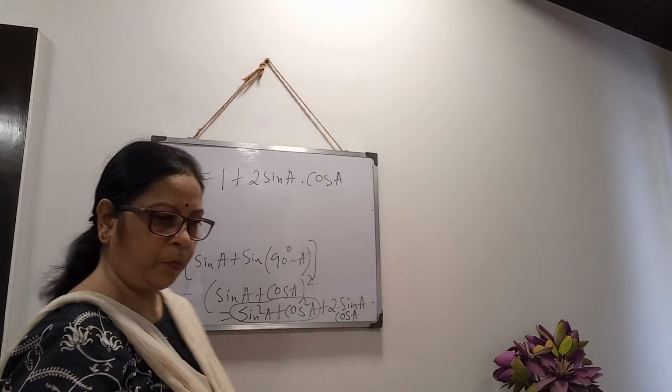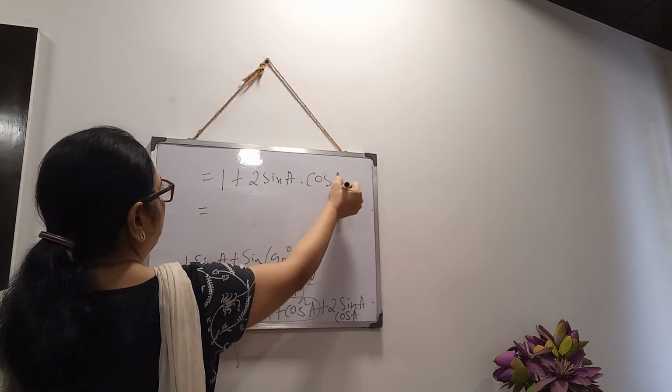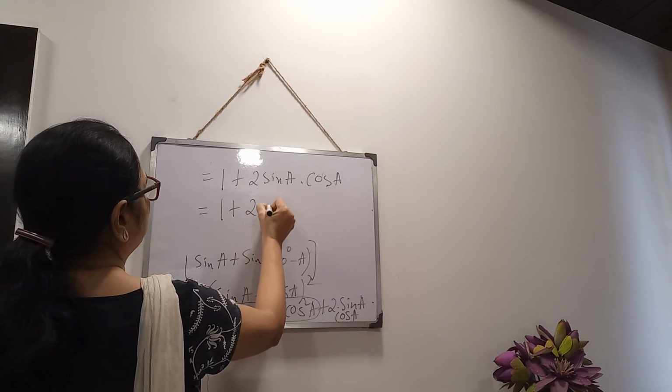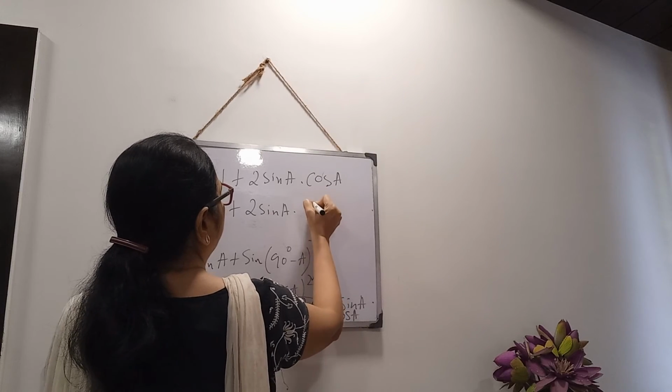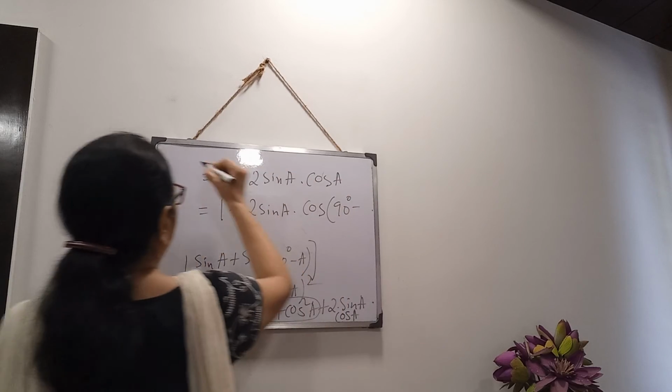But we have to prove that the right hand side is 1 plus 2 sin A into sin B. So this one we will convert in terms of B. 1 plus 2 sin A into cos A. Cos A I can write as cos of 90 minus B. Why?